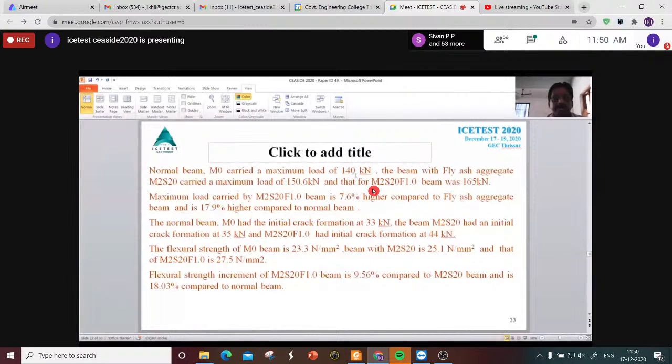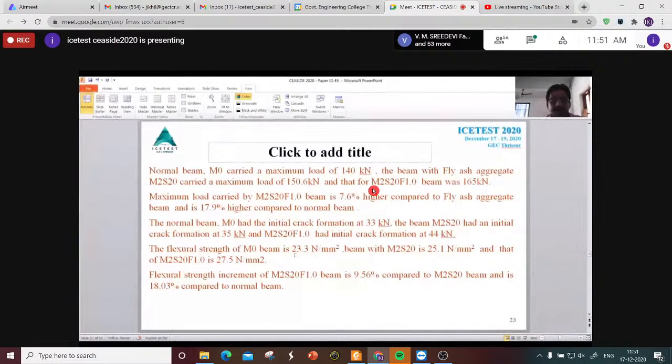Again, maximum load carrying capacity increased from 140 kilonewton for normal concrete to 150.6 kilonewton for Sindac added concrete, and again it increased to 165 kilonewton for fiber added concrete. So the increment for fiber reinforced Sindac concrete is 7.6% compared to fly ash aggregate concrete beam, and it is 17.9% higher compared to the normal beam.